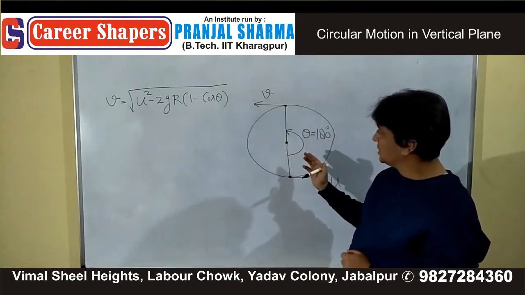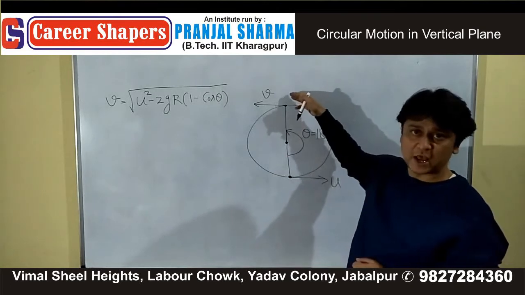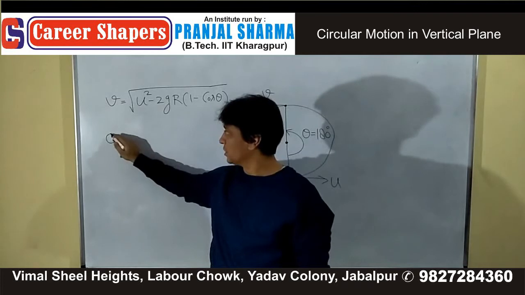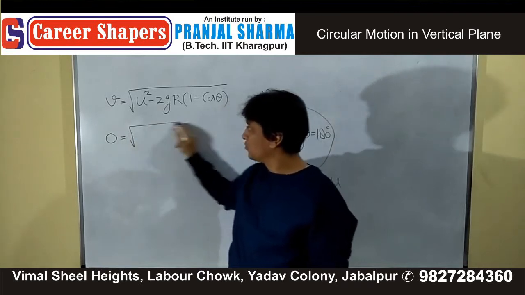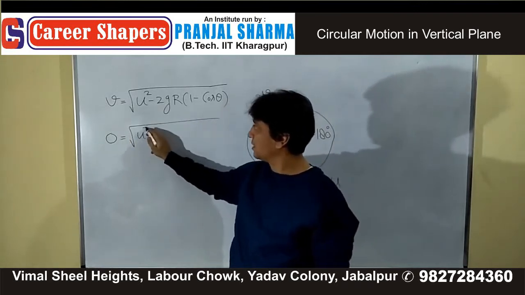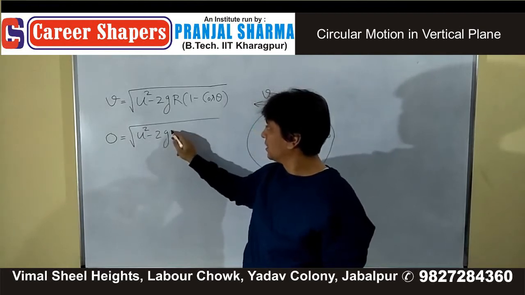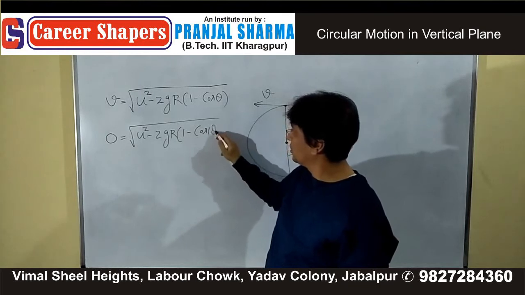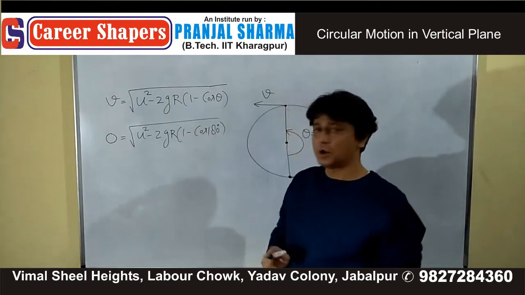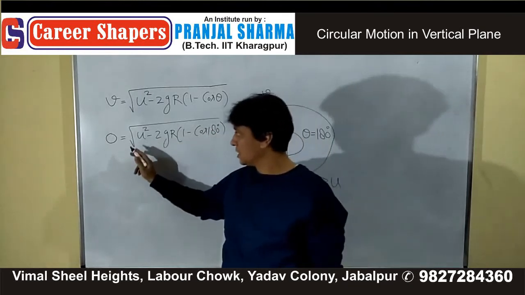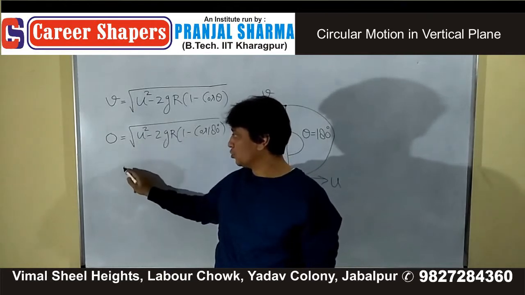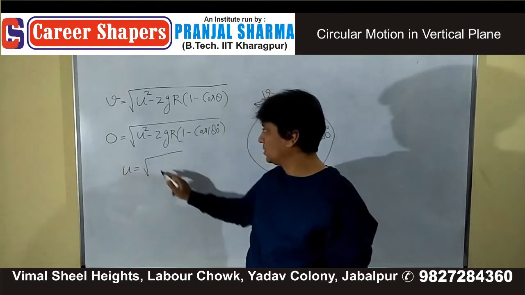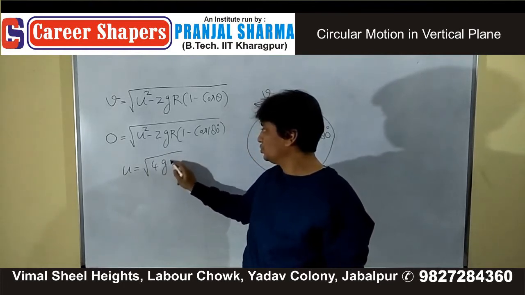And since it's just able to reach the highest point, we'll say that V is what? 0 and theta is 180. 1 minus cos of 180. Cos 180 is minus 1. This gives us, cancel the root part, and you are getting u as root over 4gr.